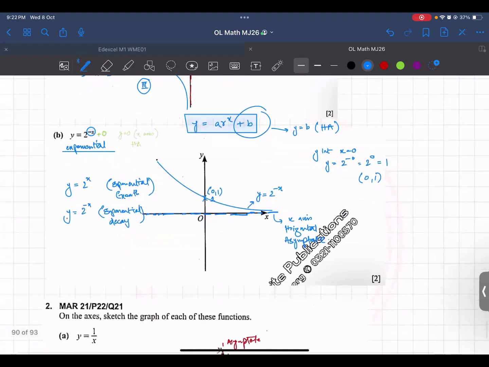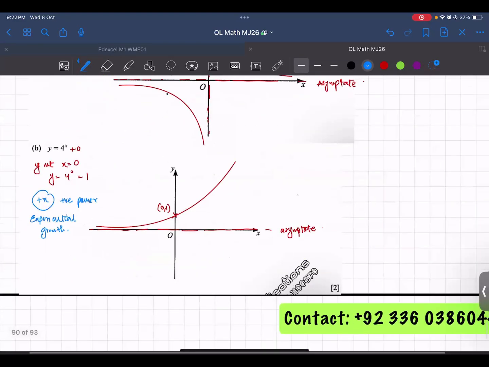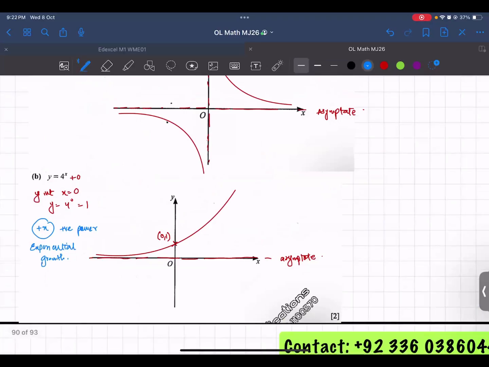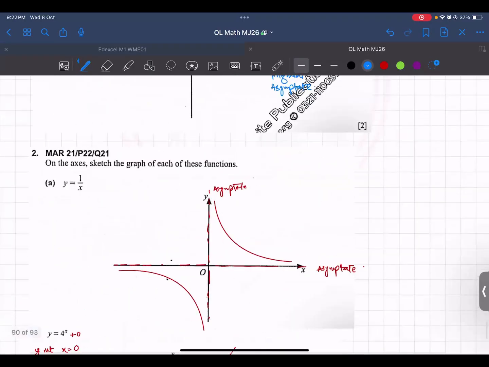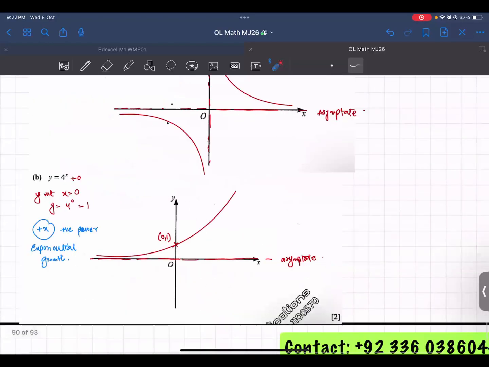It is 1. So it doesn't matter if it is a negative 0 or 0. It is 0. And your y-intercept will be 1. Why did you draw it from the left then? That is because this is negative, so it is decay, so it is going to decrease. Negative x, so it is going to decrease. And over here it is a positive x, so this would increase.